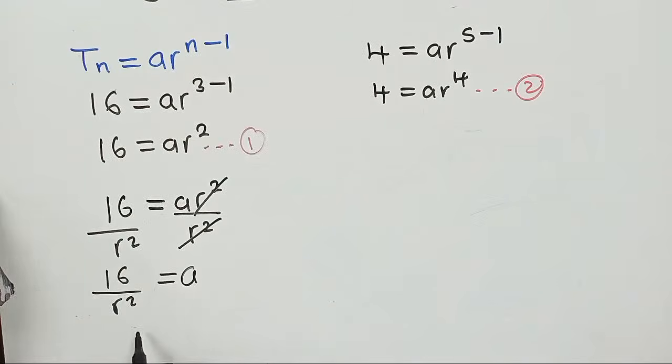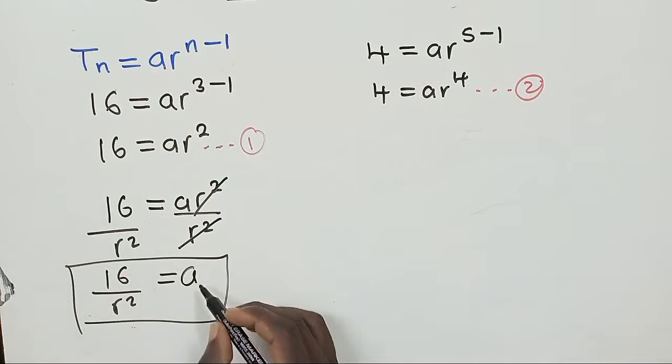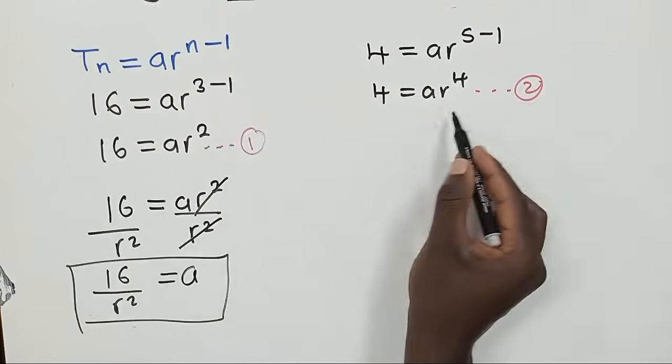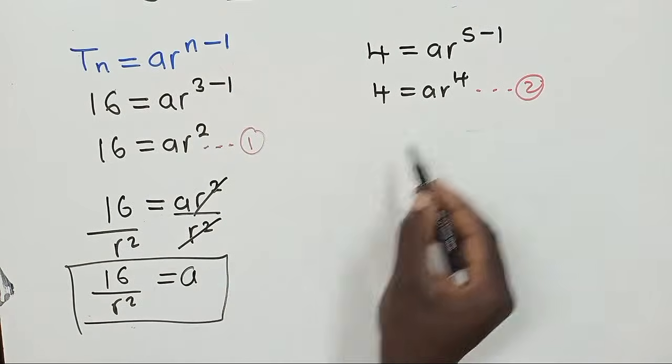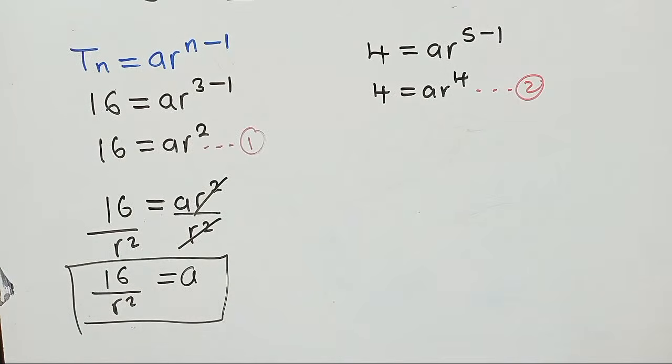Hopefully you guys are following up to here. This is very important. So now, since we are solving these two equations simultaneously, we'll get this A and put it in the other equation where we're able to see A. So this is how it will look.